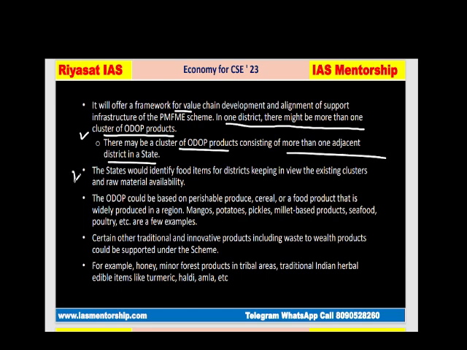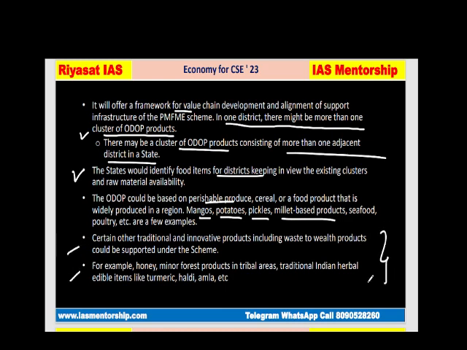Yeah. The state would be identifying those food items which need to be kept in ODOP. Basically, they are based on perishable produce, cereals, food products that are widely produced in the region. Examples you can see: mangoes, potatoes, pickles, millet-based products, etc. Understood?